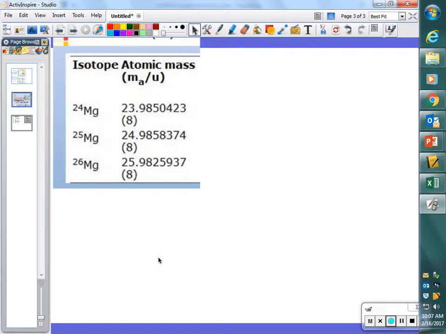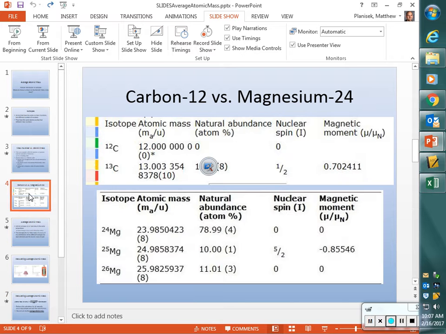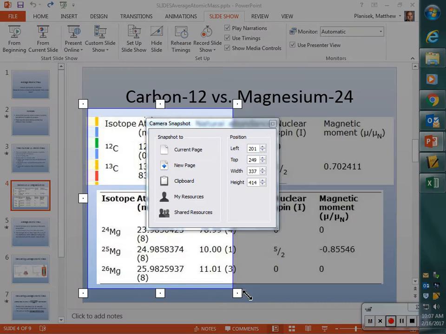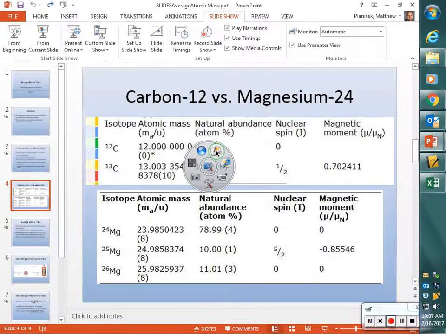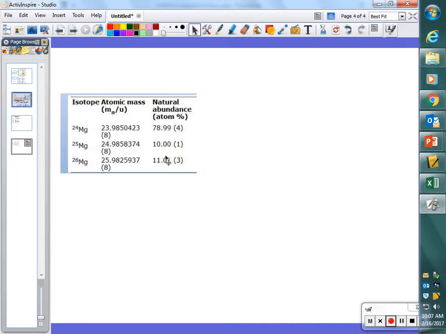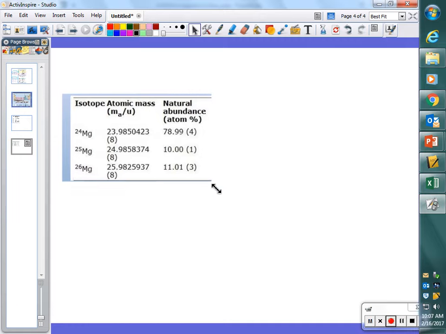But in order to do this calculation, we not only need the atomic mass, we also need what percentage each of them shows up. Going back to the original chart, the next column on that chart is titled Natural Abundance, and it's a percentage.